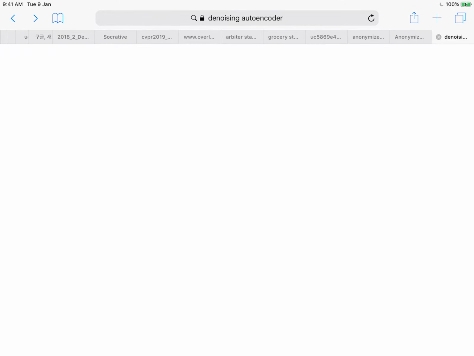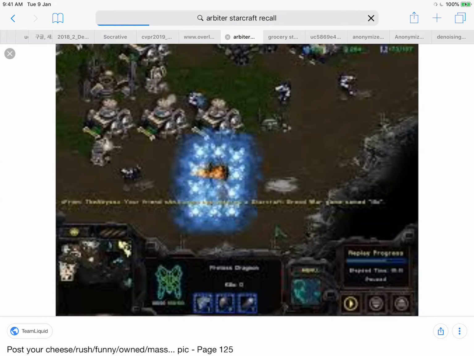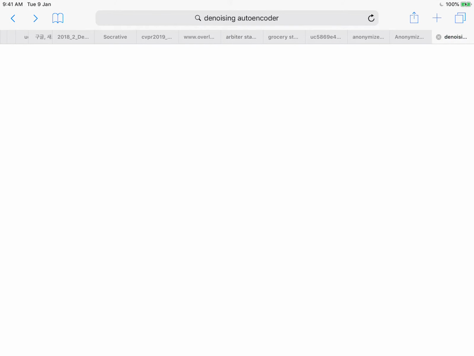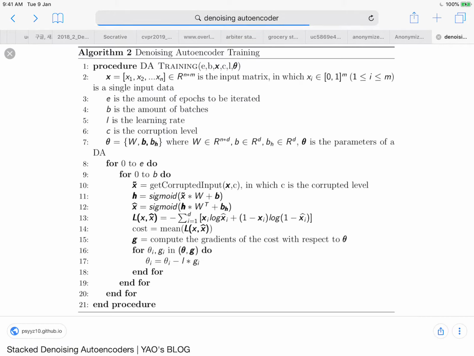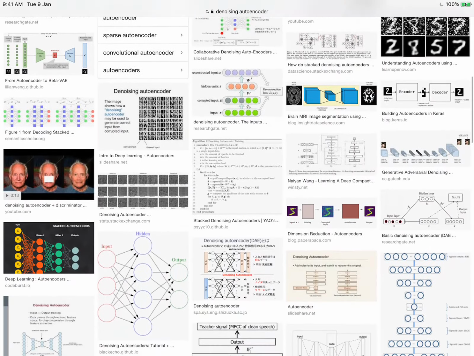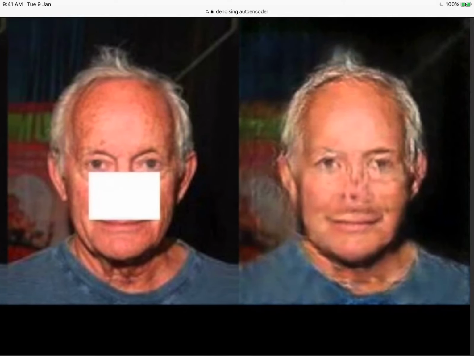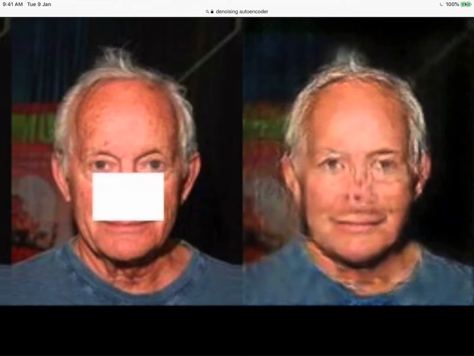This is the original input, and then this is the reconstructed output. Although it is not perfect, our network has properly learned that we have to fill those pixels that look like a nose, as a part of our facial image.